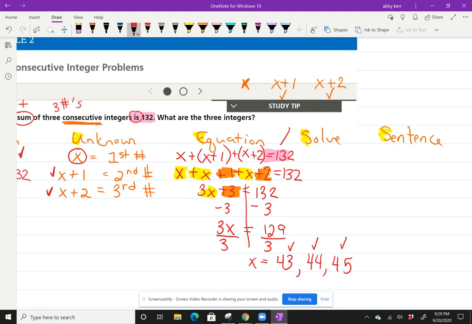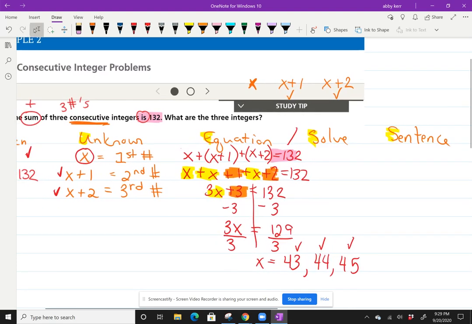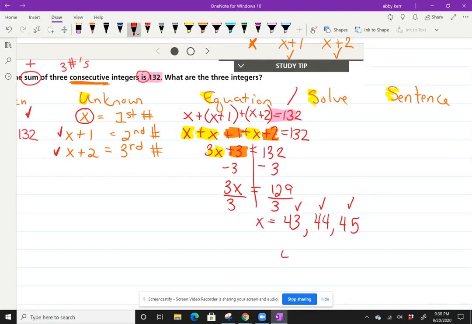Now how you can check all of these to make sure you have the right combination is 43 plus 44 plus 45. Does that get you back to the 132? So let's do it. 43 plus 44 plus 45. Yes, it does get us to the 132.